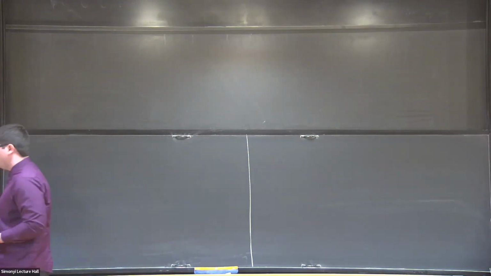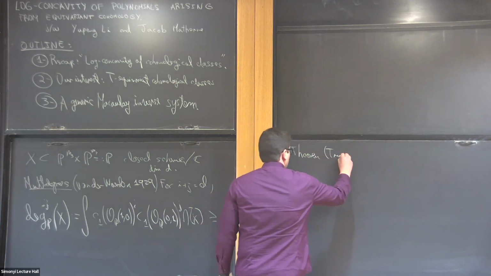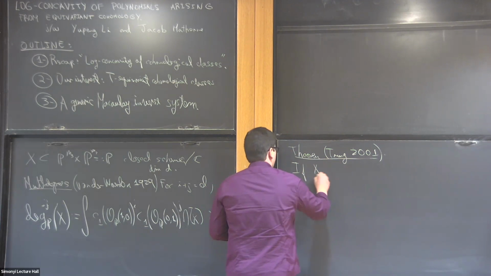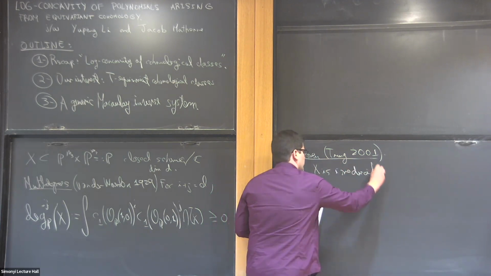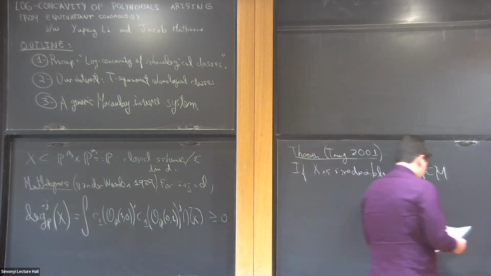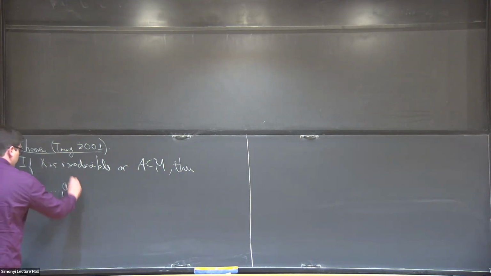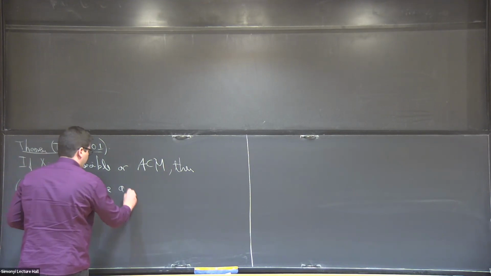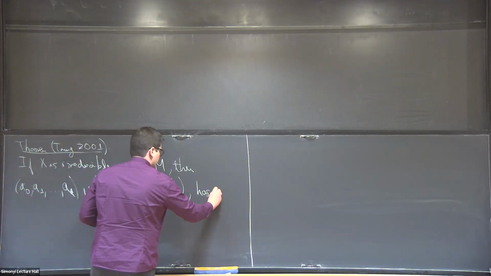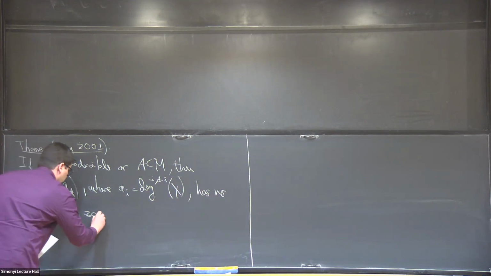The first person that I can find in the literature that considered this positivity question was the theorem of Chung in 2001, that says that if X is irreducible and arithmetically Cohen-Macaulay, this means that the coordinate ring of X is a Cohen-Macaulay ring, then he showed that the following sequence, A0, A1, all the way until AD, where Ai is this multidegree, has no intermediate zeros.